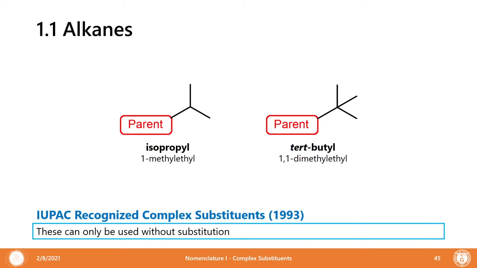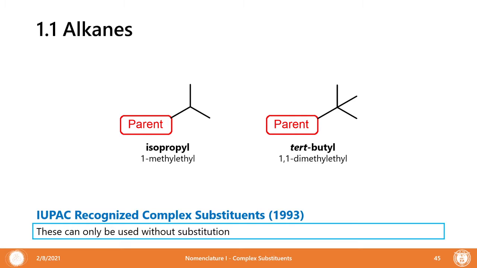Now, IUPAC, the original source where we get the systematic naming rules, also recognizes these complex substituents as valid for systematic names. So if you do use these in systematic names, as long as you use them properly, they are valid systematic names.